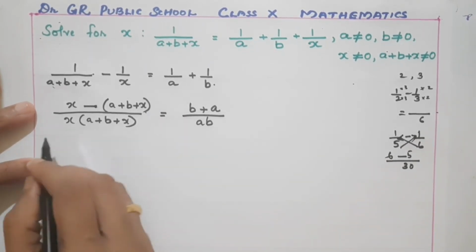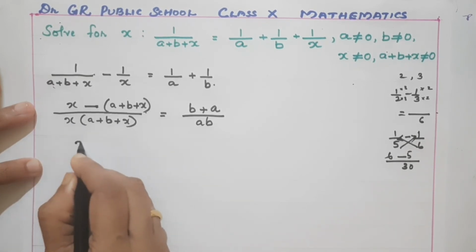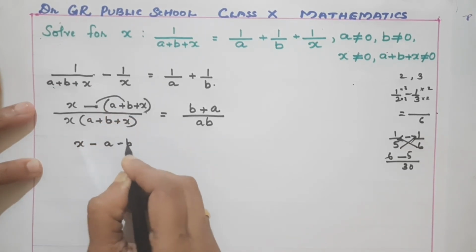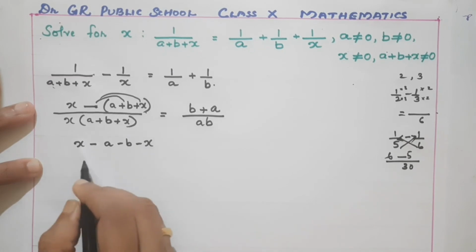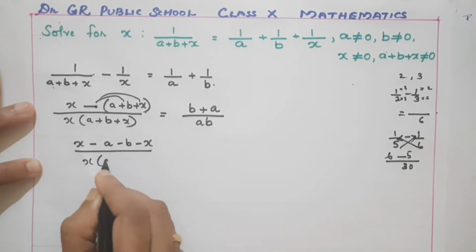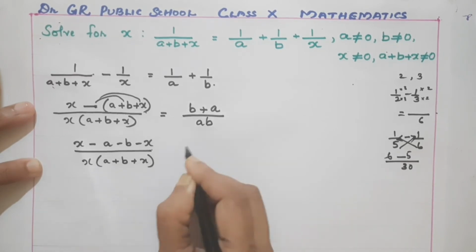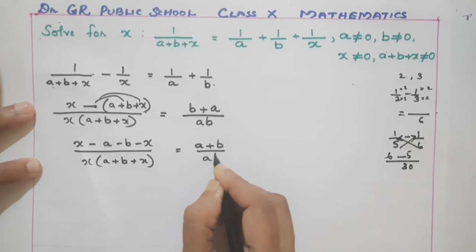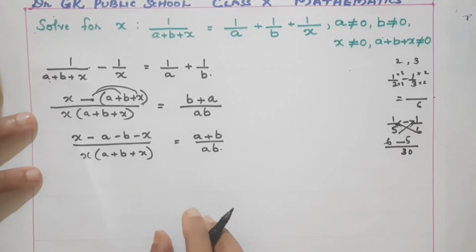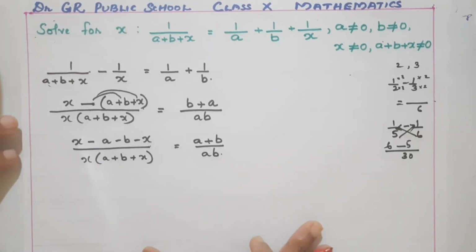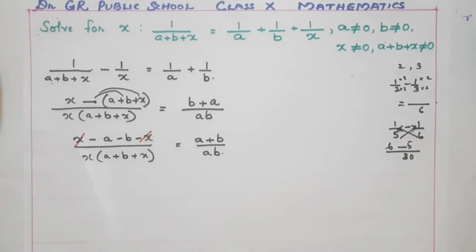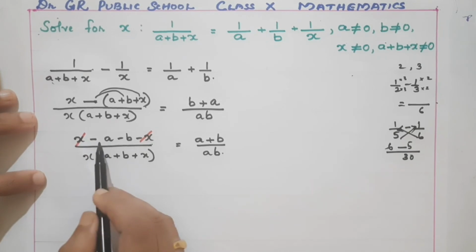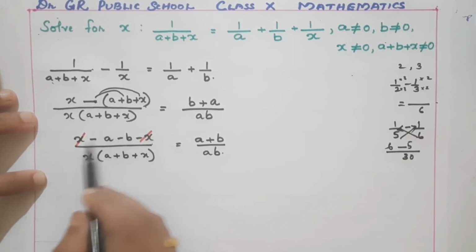Now simplification. Here x open the bracket, minus a minus b minus x by x into a plus b plus x equal to b plus a, which can be written as a plus b by ab. Okay. Now x and x we can cancel. What is remaining? Minus a minus b. From these two terms I am taking minus 1 outside.